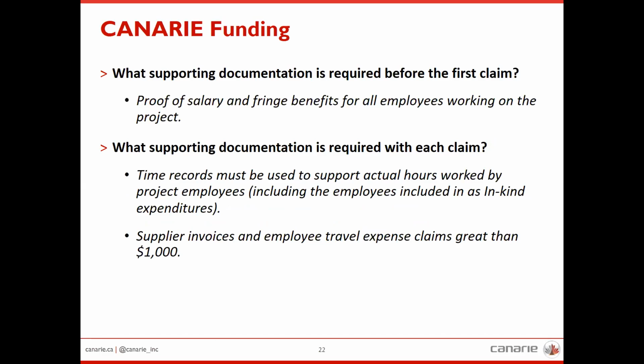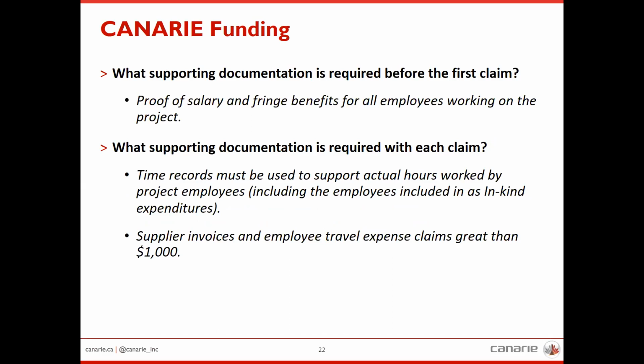What supporting documentation is required before the first claim? Before you submit the first claim, we'll ask you for proof of salary and fringe benefits for all the employees working on the project. This could come in different forms depending on your institution's payroll.